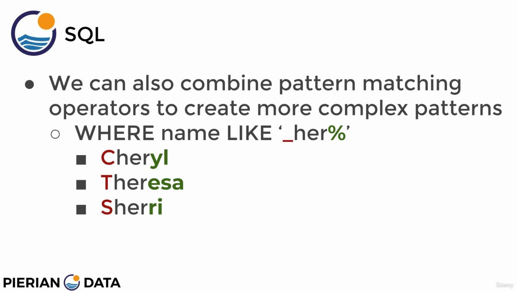And then after HER, any sequence or any number of characters can occur. So here we have Cheryl, which starts with a single C, then HER, and then has two characters after that. Or Teresa, which has a capital T, HER, and then ESA. So notice here, it has to be just one character before HER, but then any number of characters after it. So this allows for really powerful pattern matching code.